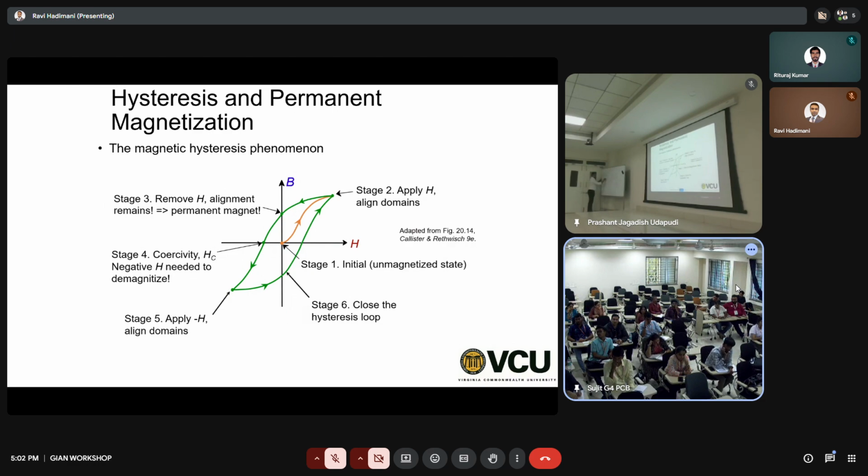This is MR. It's also BS or BR. Don't read it as MS by BS. It's asymmetric here, it should be symmetric. This is HC, coercivity. So these three are very important parameters for any magnetic material.